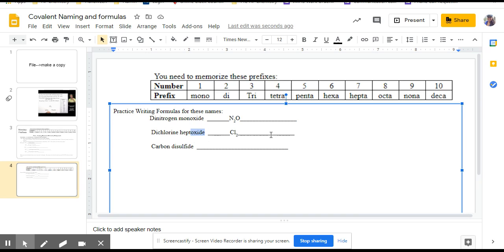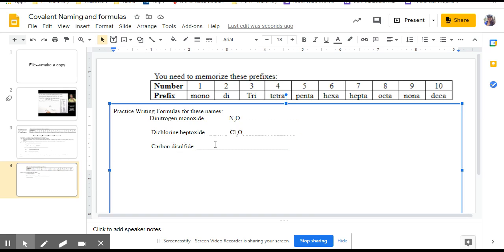Remember, everything is ending in "ide." So we're going to say O7. Okay, this is one of those examples that we chopped off the A with the O. So hexa, we did not go hexaoxide. If it was hexaoxide, it would be hexoxide. So just kind of keep that in mind with your two vowels.